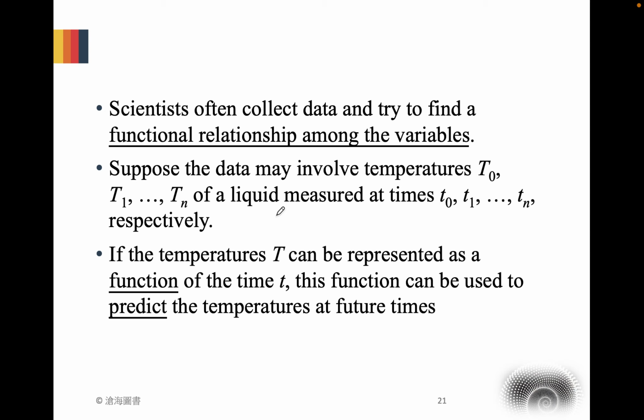Okay, so it seems that there is some relation between time and the temperature, because we may try to heat the liquid. If we heat with more time, then the temperature goes high, and we want to find the relation between time and the temperature.